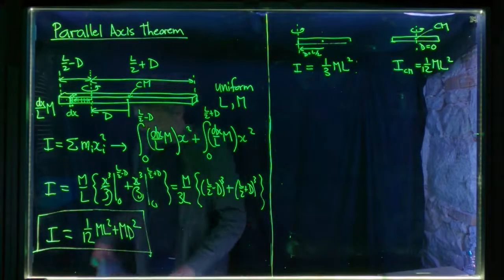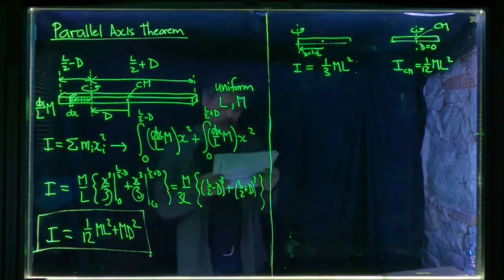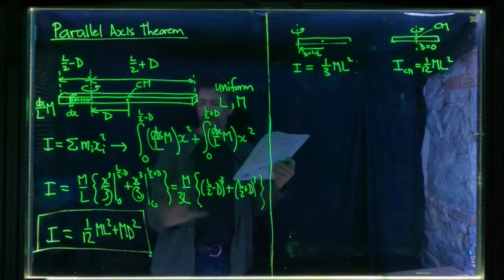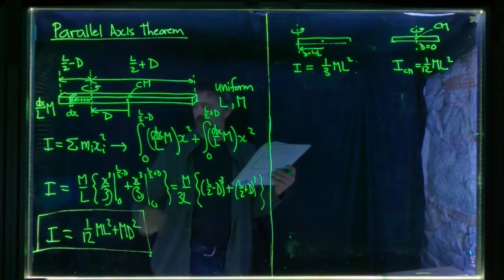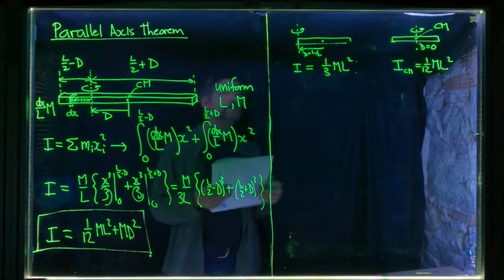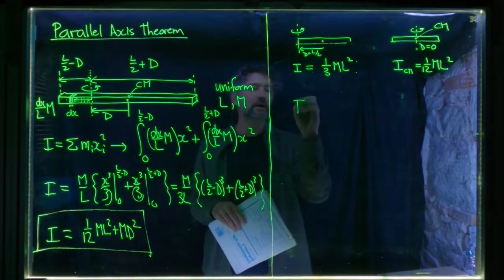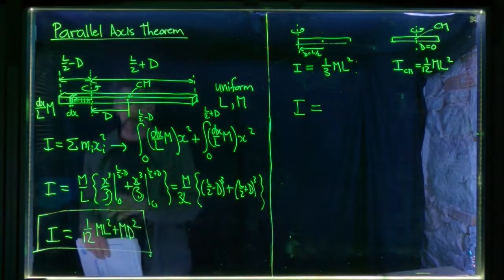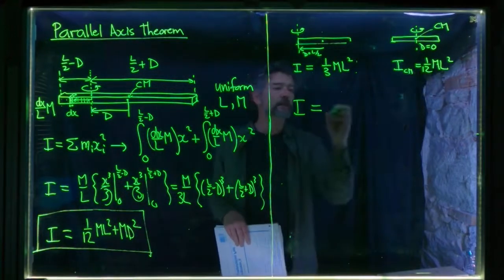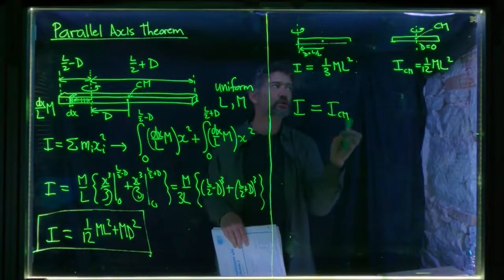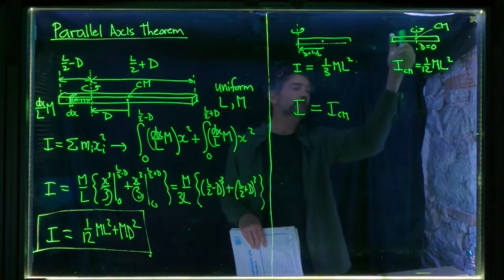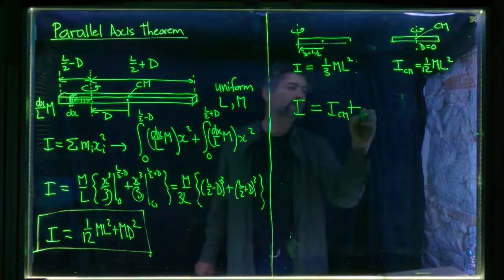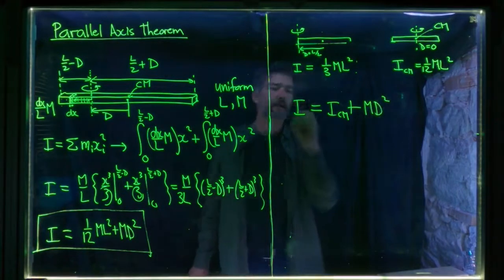Great. And then we notice something. We've considered this special case over here. If we look at this formula for I, we can rewrite it as the moment of inertia is equal to 1/12 m L squared, that's I_CM, the moment of inertia for rotating about the center of mass, plus this other term, m d squared.